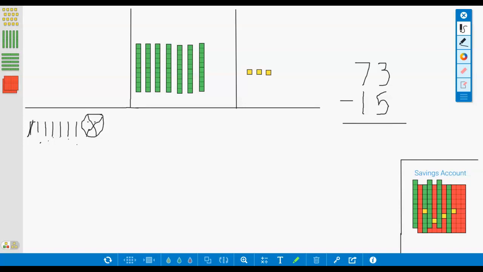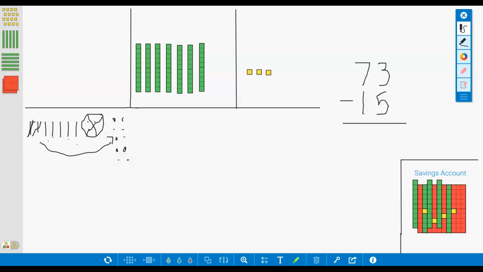Show a connection if you're starting to think about that word decompose or take apart. We would need to decompose or take apart another 10. And if we do that and move our ones over, then we have our 1, 2, 3, 4, 5, 6, 7, 8 tens. Oops, I mean 10 ones.